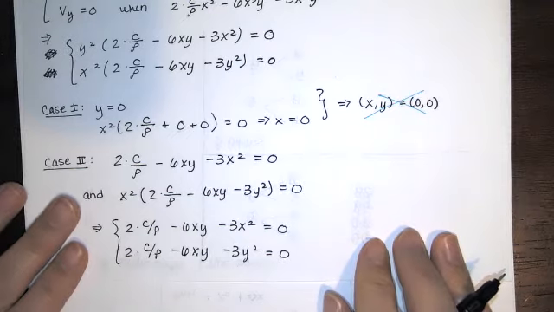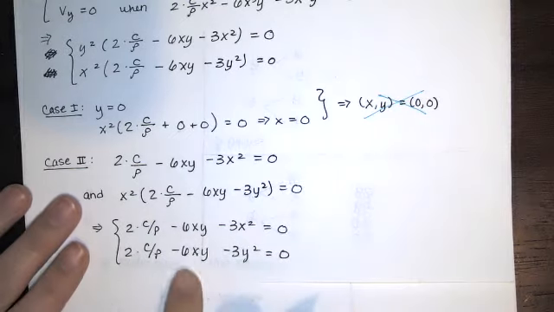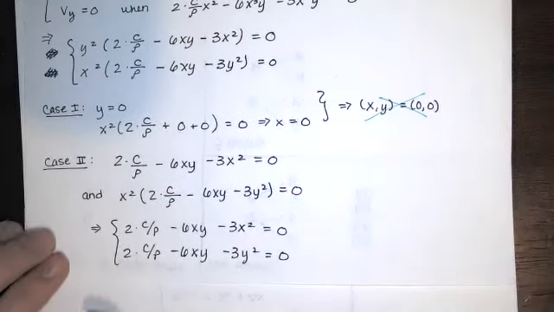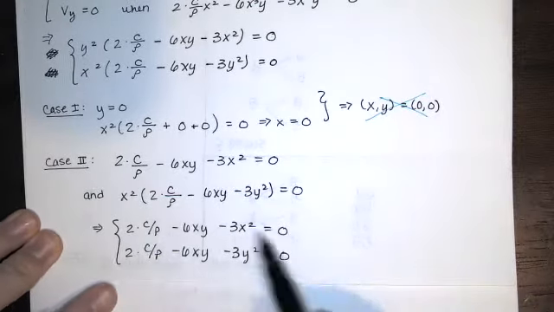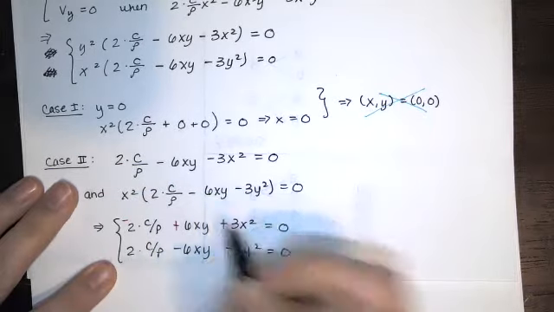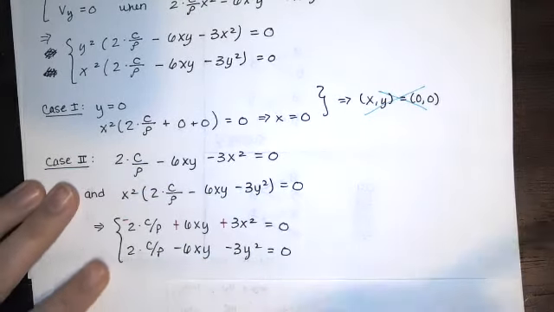Let's take this and solve for x and y. Now I'd really like to get rid of this mixed term. One of the easiest ways to do that is to just multiply this first equation by -1 and then add these two equations together.